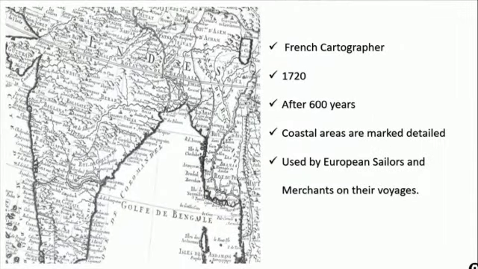The same area, made by a French cartographer. What do you mean by cartographer? A person who makes maps. He made this map in 1720. Map 2 was made 600 years after map 1. It is quite different from what Al-Idrisi made. An amazing thing is he marked coastal areas in great detail, and this map was used by European sailors and merchants on their voyages, which means travel.